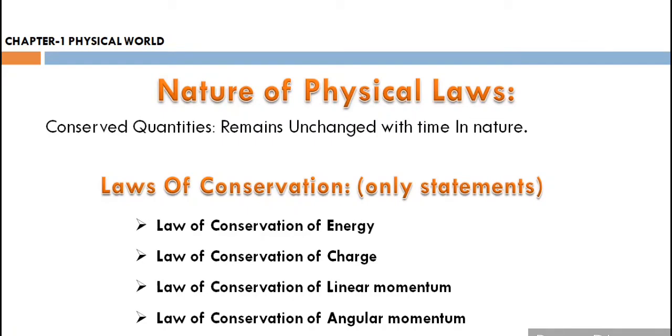In addition to these four laws, we have laws of conservation for spin, baryon number, strangeness, hypercharge, etc., in nuclear and particle physics. Right now we are not studying this. Now in physics, the study is carried out of space and time. In classical mechanics, space and time are considered independent of each other, while according to the theory of relativity given by Einstein, space and time are interrelated, right?